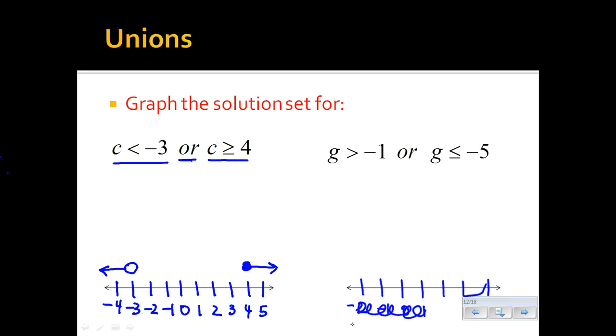I need -6. Okay, those are my numbers. So this time, G is greater than -1. Okay, well that would be here, -1, not including, but everything greater. And G is less than or equal to -5 would be closed dot on -5, everything less.